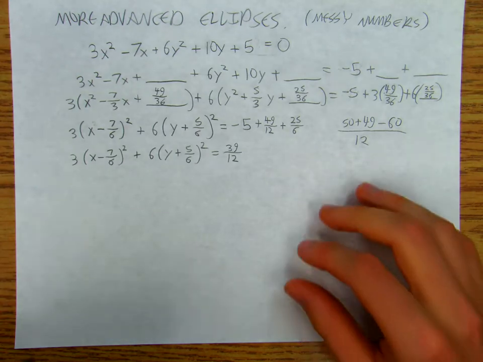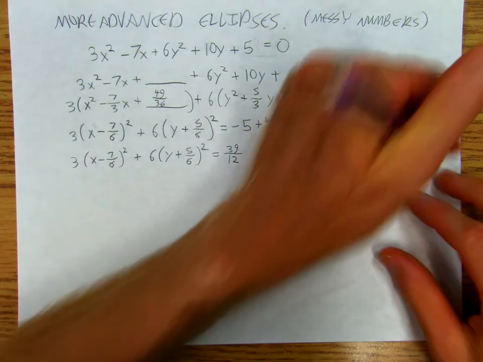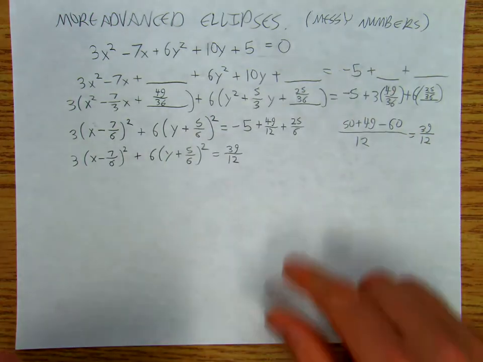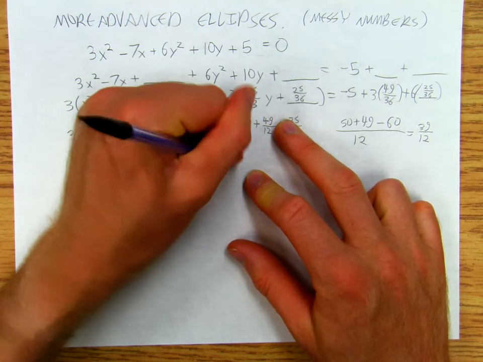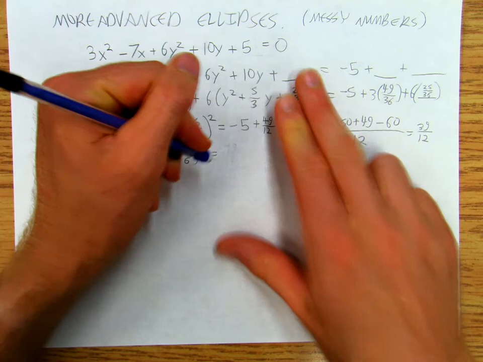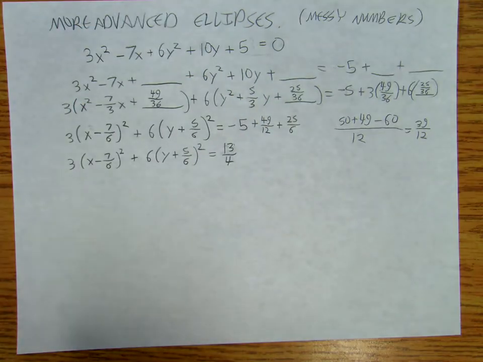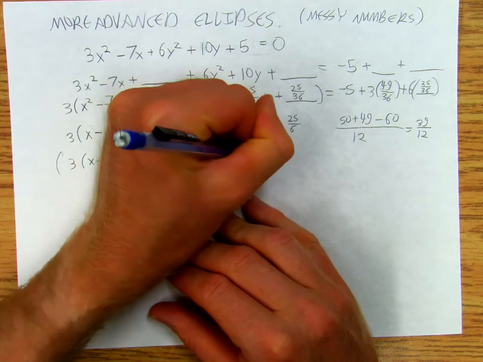Now I'm going to divide everything. Well, that's reducible, so that's 39/12. But we can take a 3 out of everything, and so we can make it 13/4. And so then I'm going to multiply everything by 4/13.